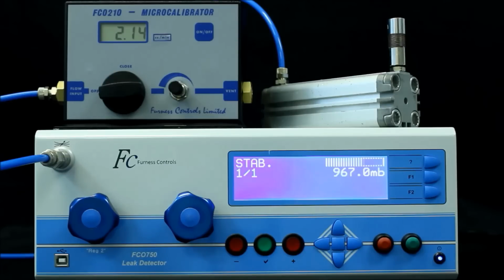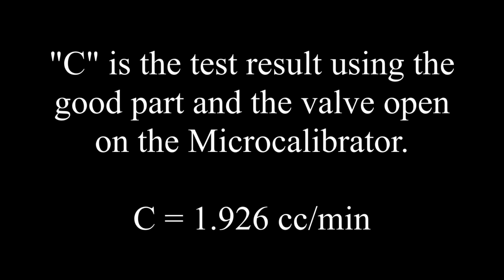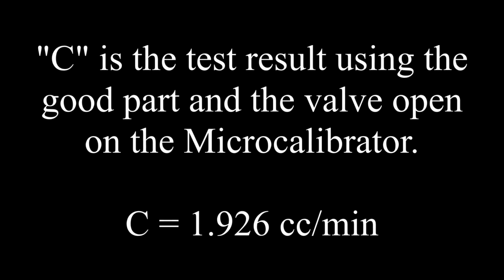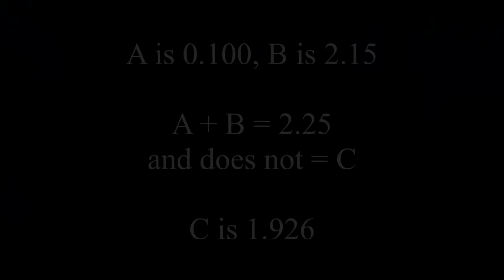So I have my value B. My value C will be the result of this test, and that's 1.926. And what I want is A plus B to equal C.